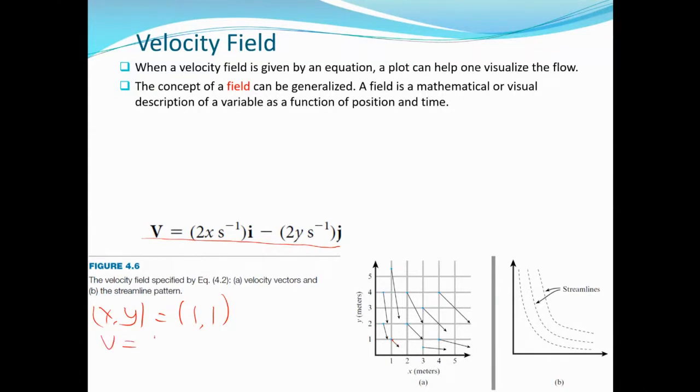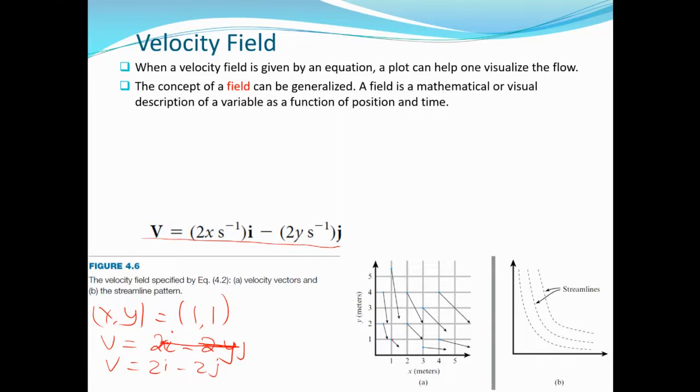You will have v equal to 2i minus 2j. There'll be no x because x is equal to 1, so it'll just be 2i minus 2j. Simple.